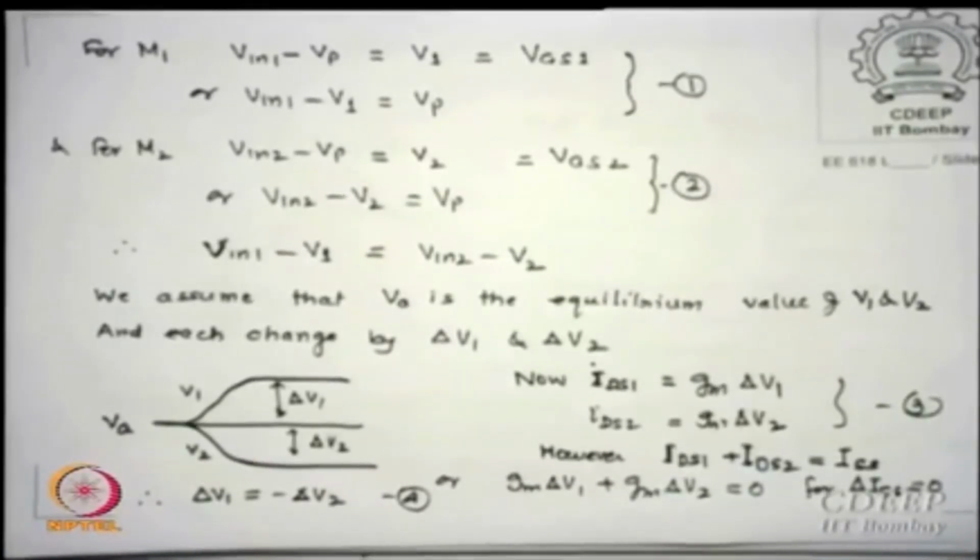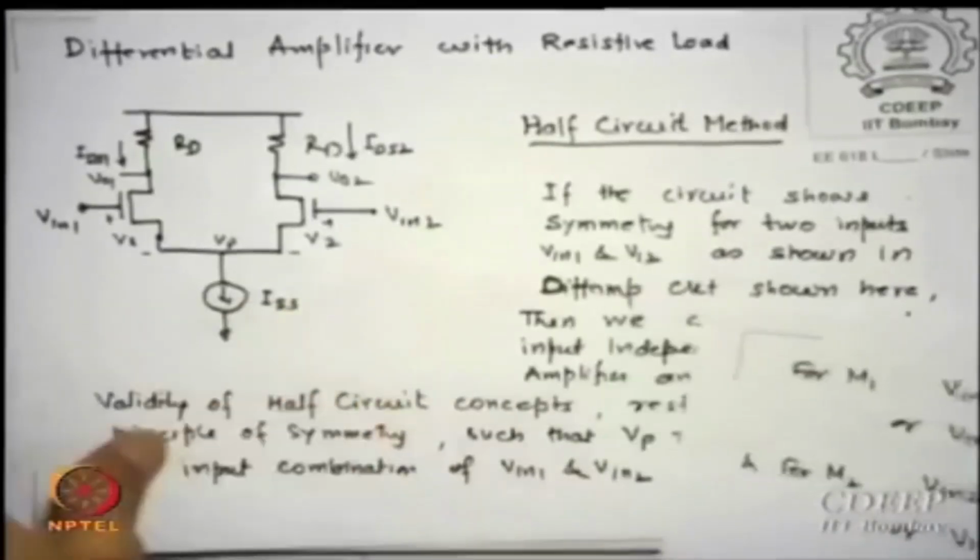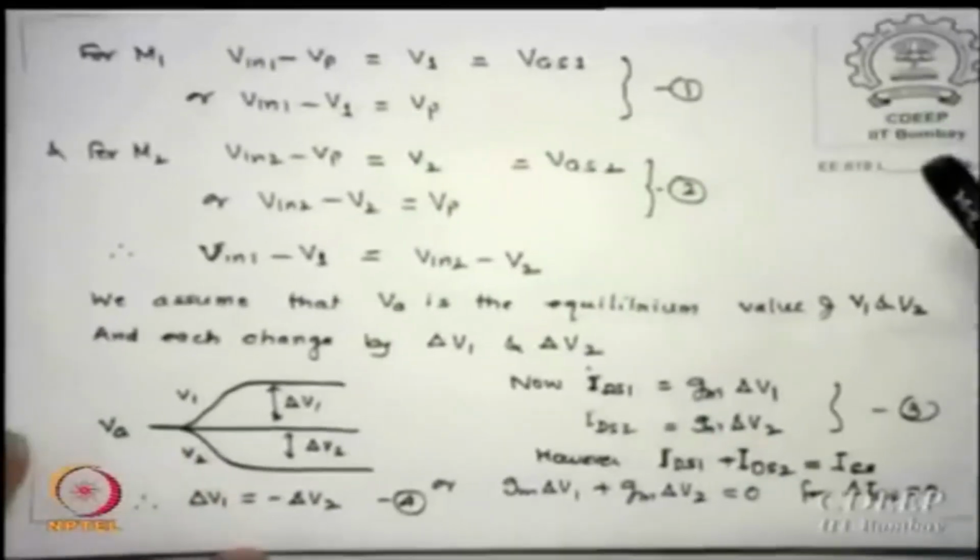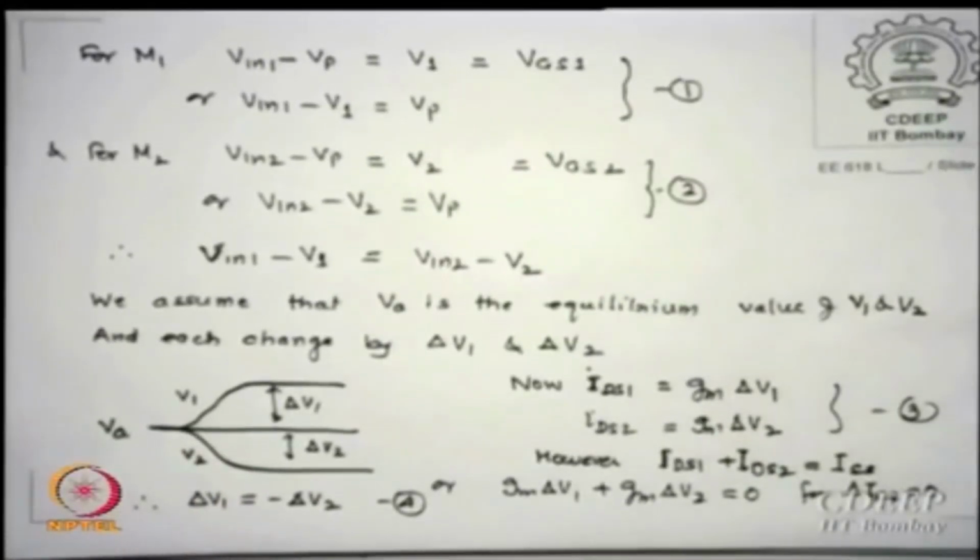For M1 please have your figure in front of you. I repeat, you should have this figure because you have it on a sheet, so look at that. Vn1 minus Vp, let us say Vgs is defined as V1 and V2, sorry. So Vn1 minus Vp is V1, which is nothing but Vgs1.